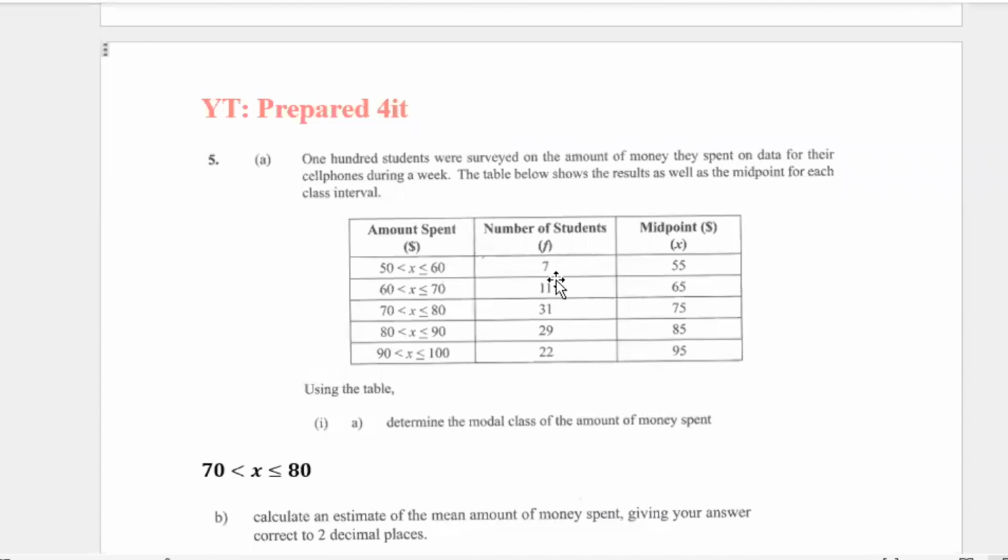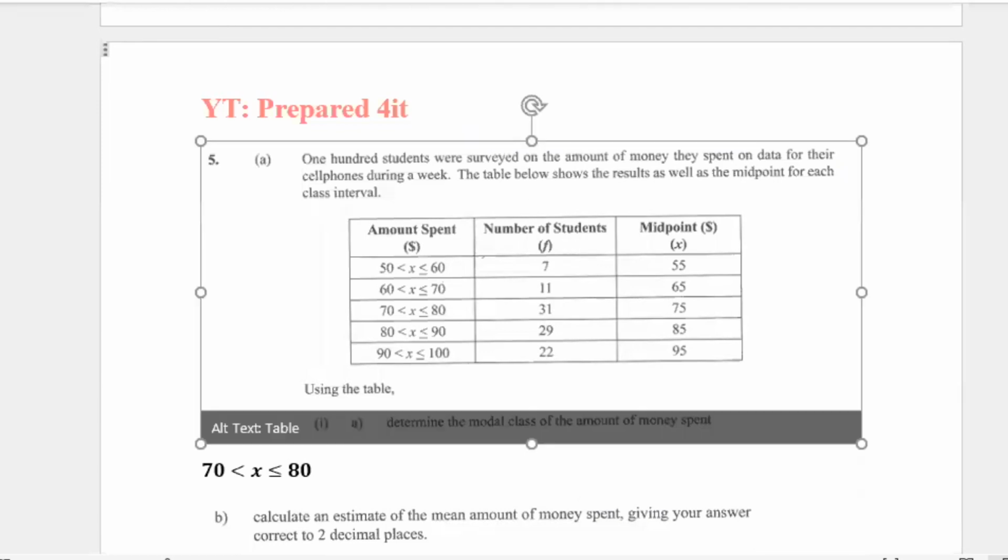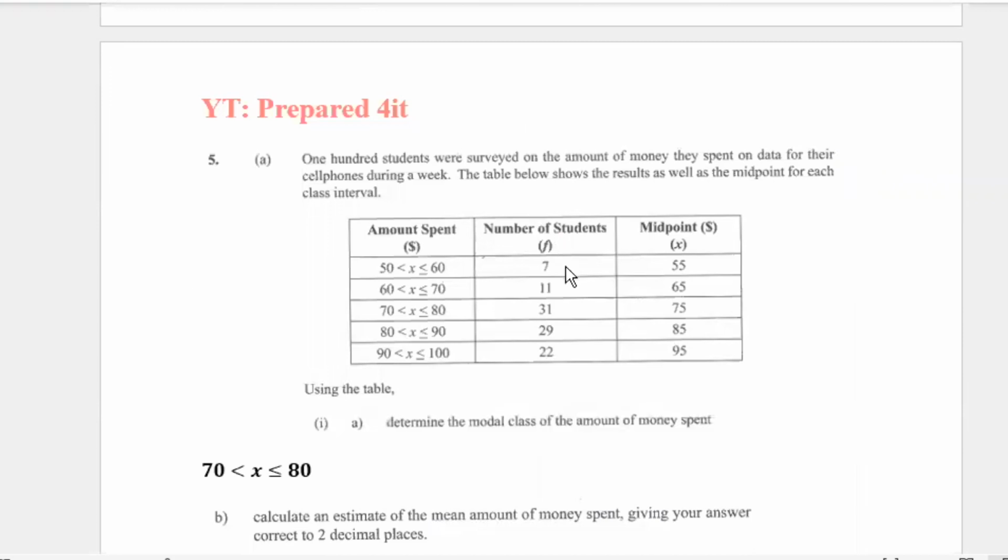And 7 plus 11, that will give us what? 18. And then 18 plus 31, that will give us 49.